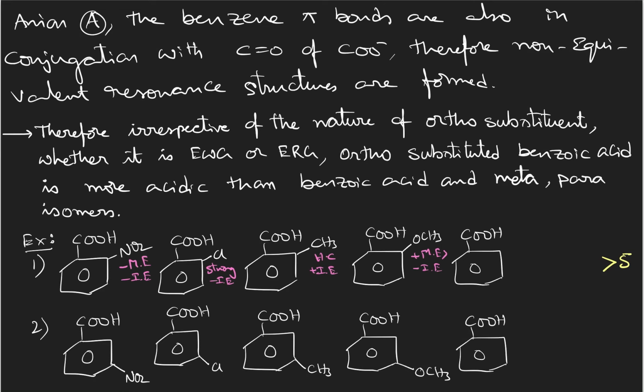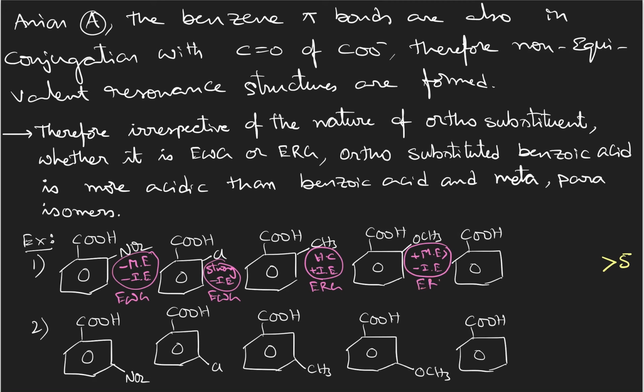So if you consider here, overall, this is EWG. This is also EWG. This is ERG, as positive mesomeric effect is greater than negative inductive effect. We have to decide the overall nature of the group based upon the stronger effect.